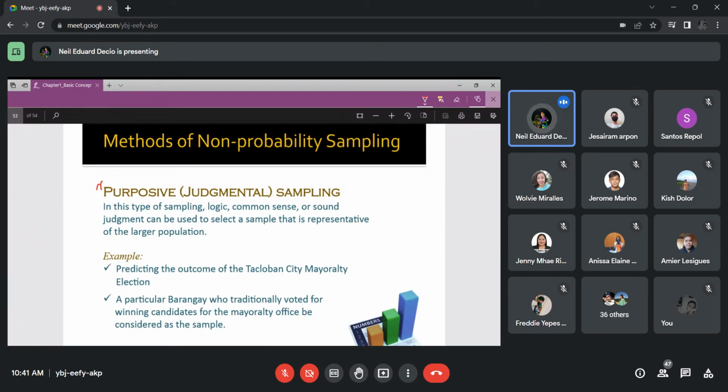After this, we'll have the descriptive statistics: central tendency, which is the mean, median, mode, then the other measures of location, and then variability, which is the range, variance, and standard deviation. And also the graphical representation and so on. I think that is not needed yet.